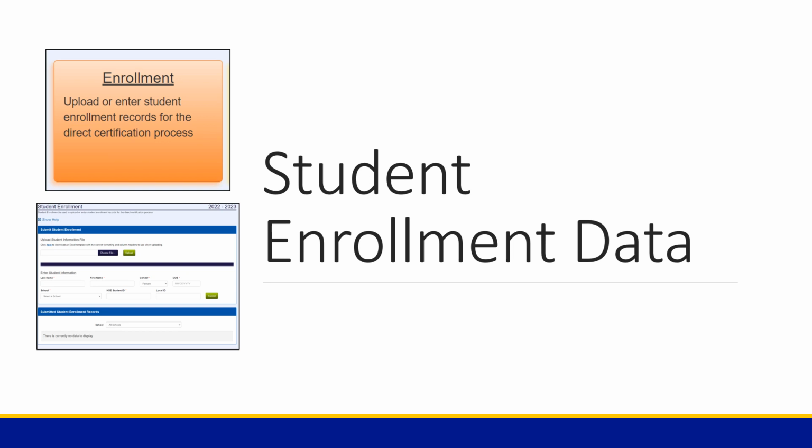Let's begin by taking a closer look at utilizing the Student Enrollment tab as a way to identify matches. This is especially important for the beginning of a new school year, which again starts July 1st and is often done before student information systems are approved to interface or talk with the Advisor system.